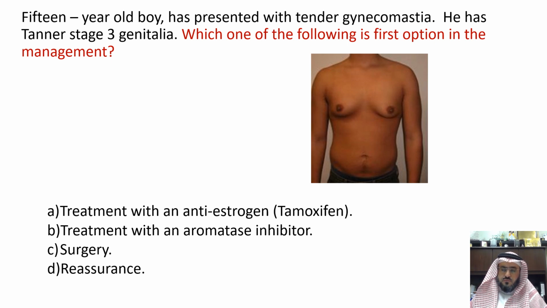So when we have a boy or a man with breast tissue, we could use anti-estrogen. But in this child, we should not use this medication because this child does not have pathological gynecomastia.